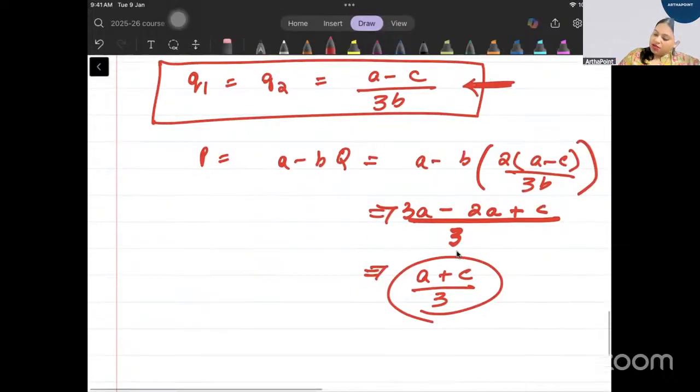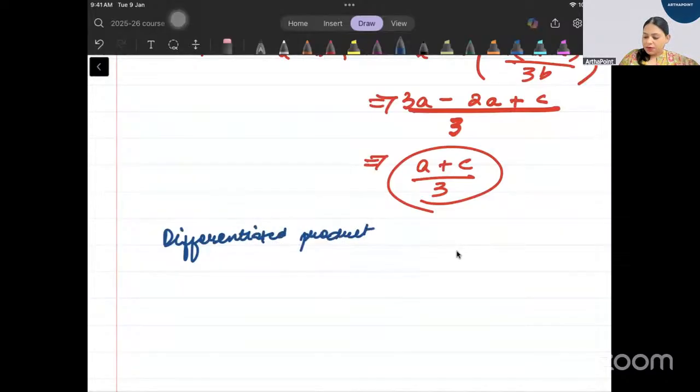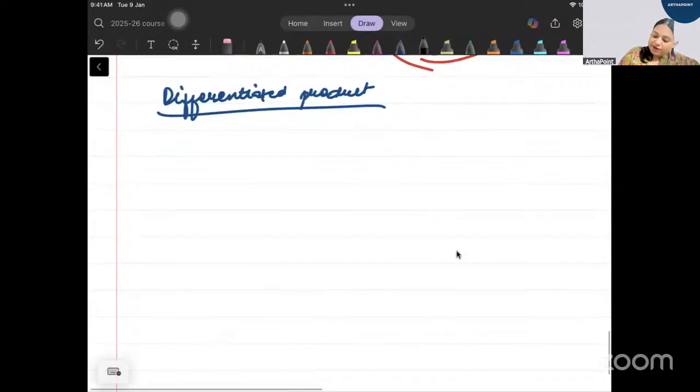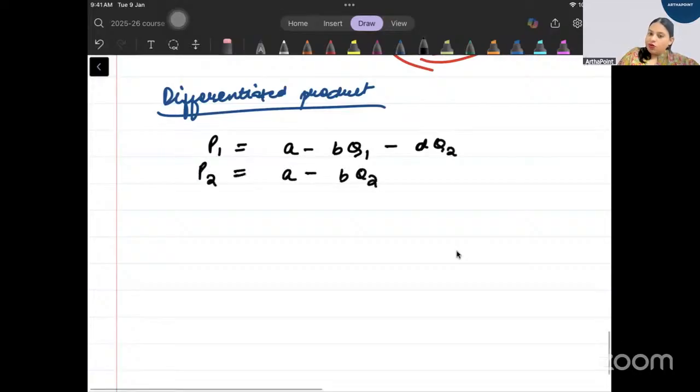Okay. Now do it with differentiated case. Differentiated product. Right? So now what will you do? You will have P1 is equal to A minus B Q1 minus D Q2. P2 is equal to A minus B Q2 minus D Q1.